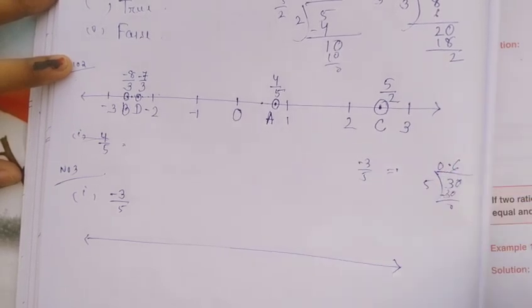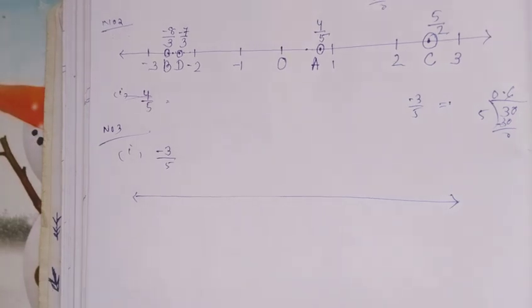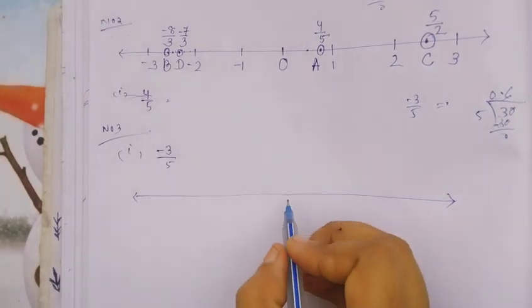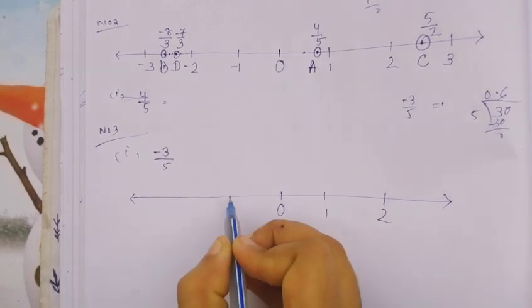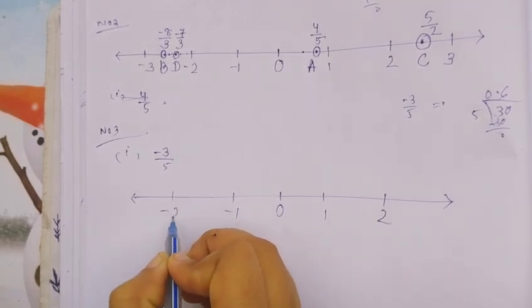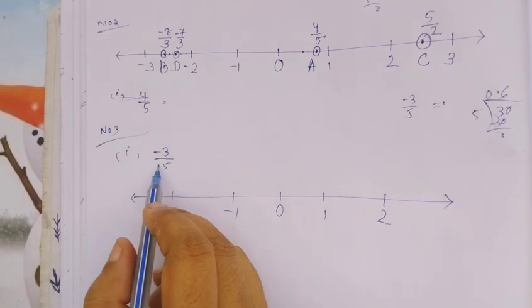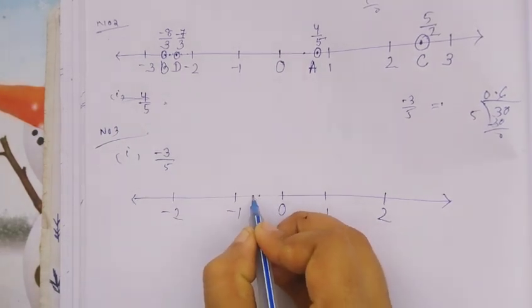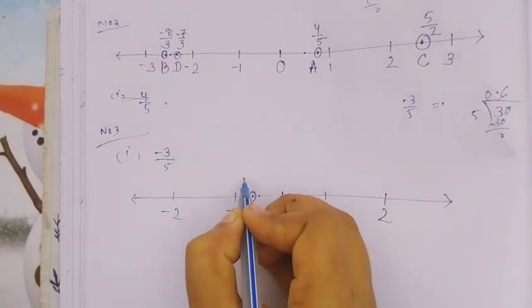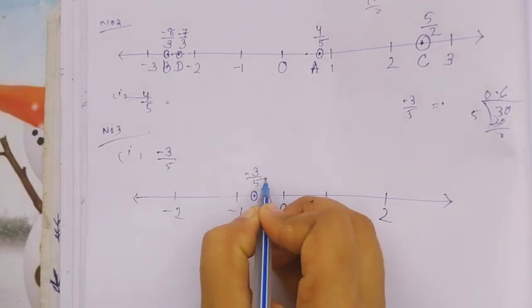Now the answer is 0.6. First we put the origin point, then 1, 2. Then here minus 1, minus 2. This is the negative side, the left hand side. The answer is 0.6, here 0.5, 0.6. So we write minus 3 by 5.